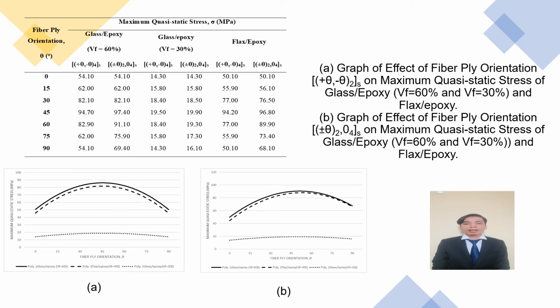When we compare glass epoxy with volume fractions 60% and 30%, the 60% volume fraction has a greater maximum QSI stress than glass epoxy with a volume fraction of 30%. Therefore, the increase in fiber volume fraction affects the maximum strength. From this result, glass epoxy with volume fraction 30% has a lower QSI strength than flax epoxy.